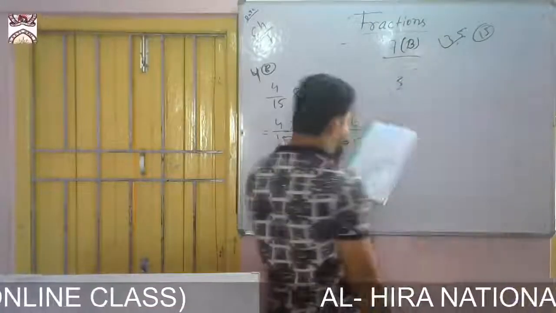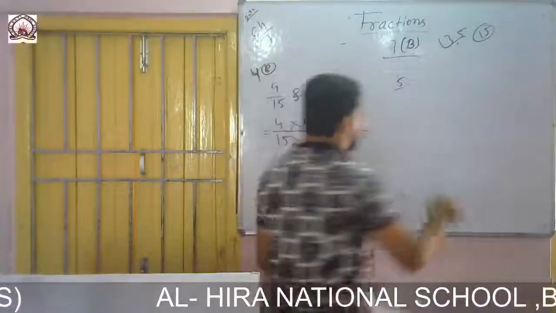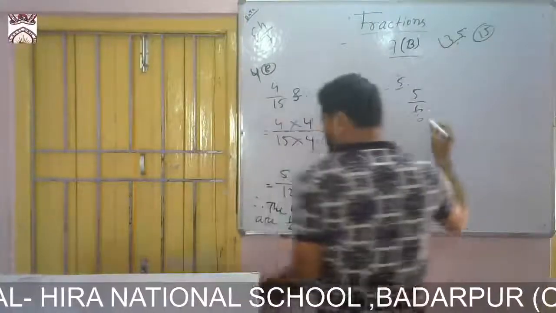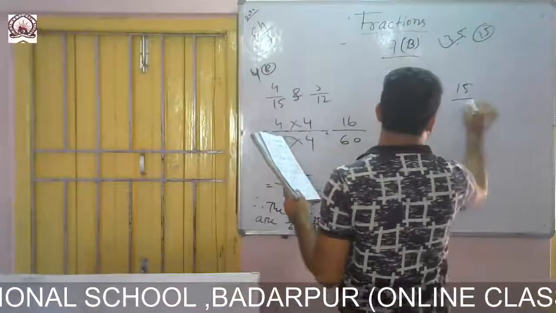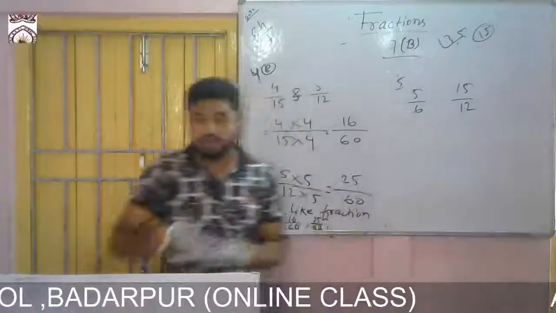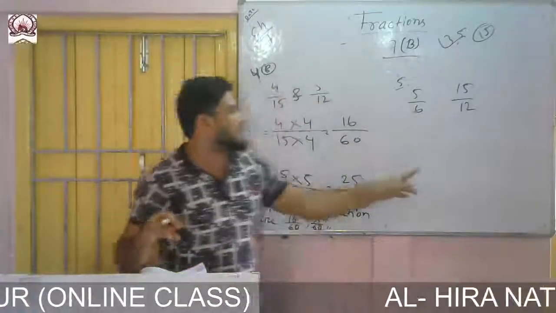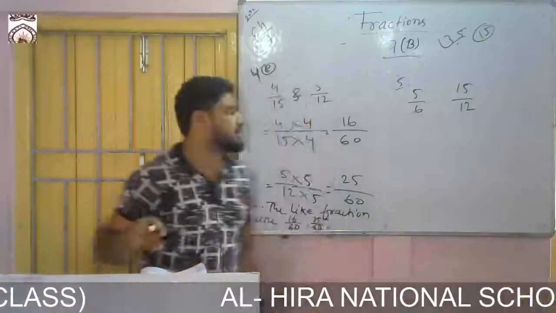So, is 5 by 6 equivalent to 15 by 12 or not? So how to check? You take this one into lowest term. If this one matches with this 5 by 6, then it is in lowest term.